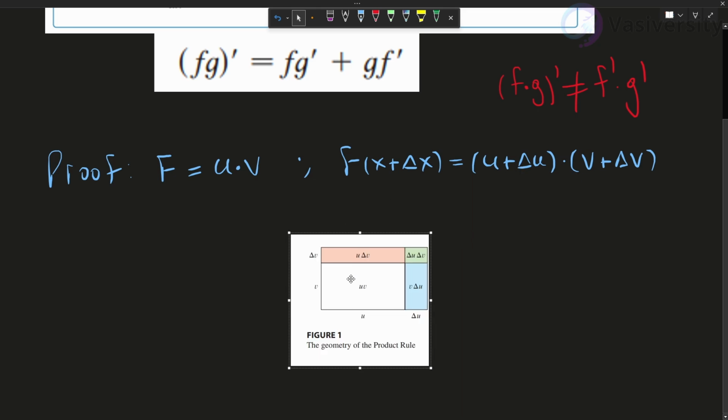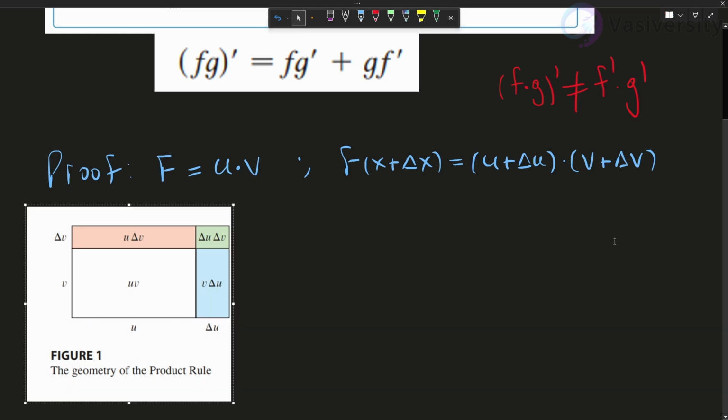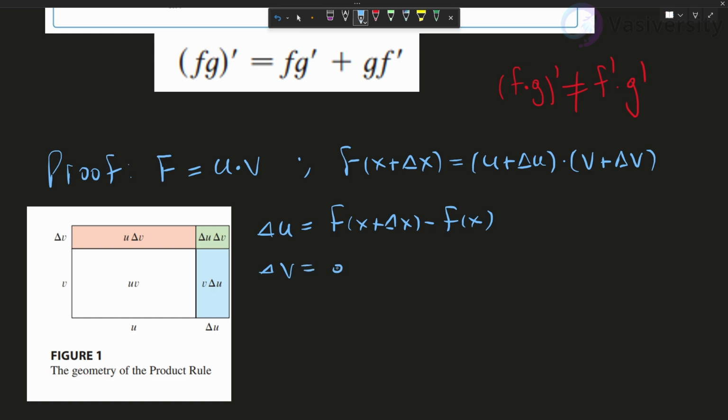So our function is essentially the area. What's the area? The area is the multiplication of this side times this side of the rectangle. In this case, delta u is equal to f of x plus delta x minus f of x, and delta v is g of x plus delta x minus g of x.